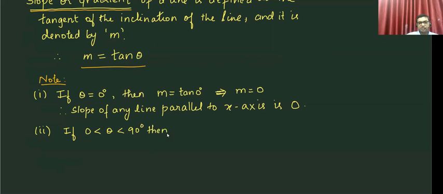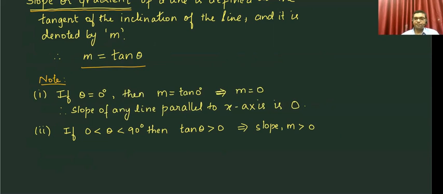Then tan theta is a positive value, which implies slope m is positive. So this is a positive inclination.